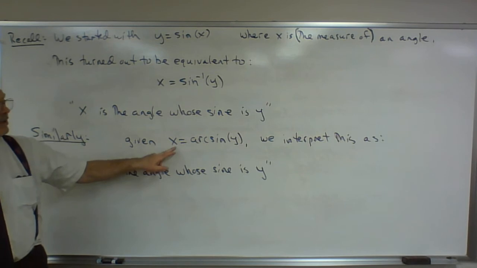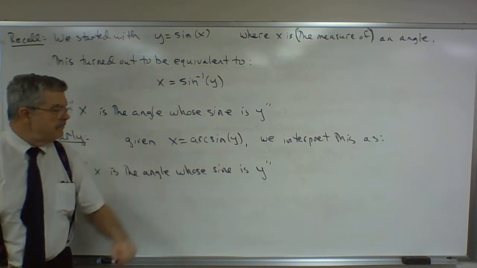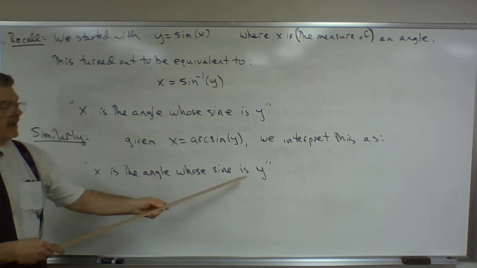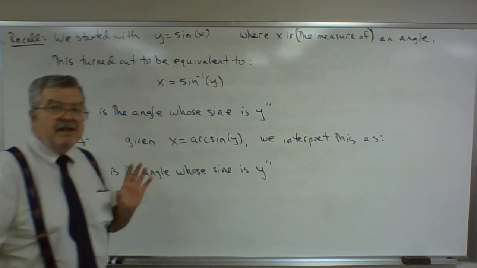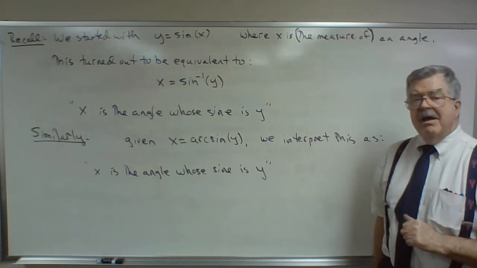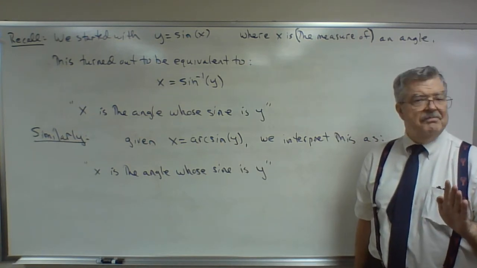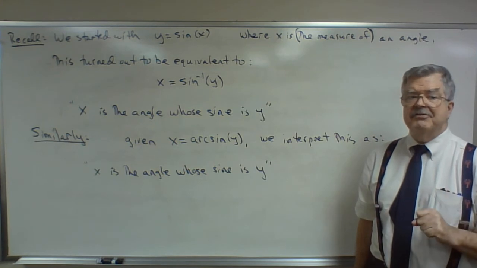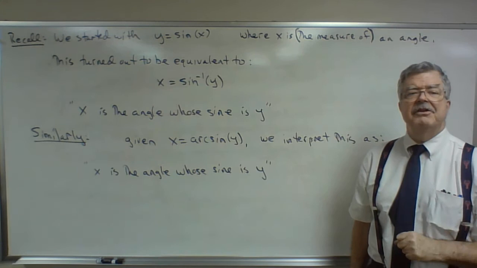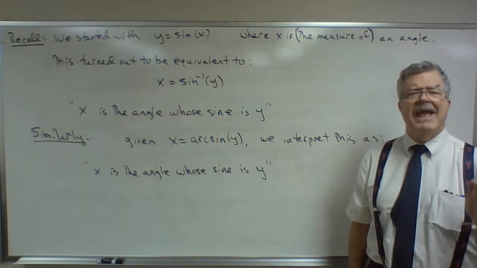And given x equals arc sine of y, that means x is the angle whose sine is y. Seems like a pretty trivial observation, but sometimes the interpretation of notation is everything.